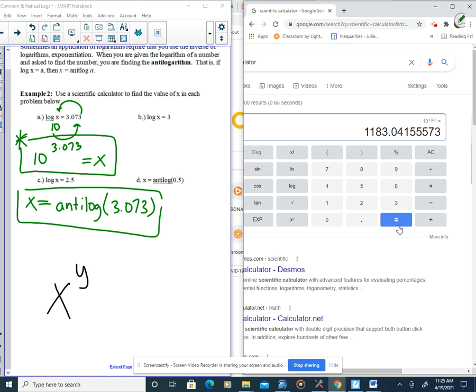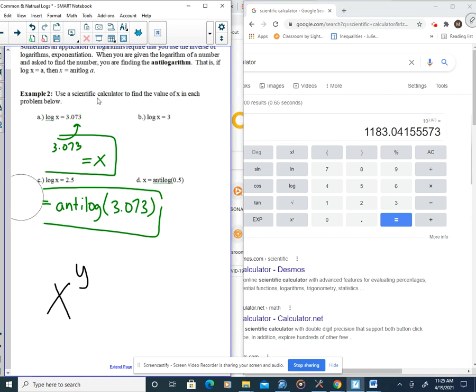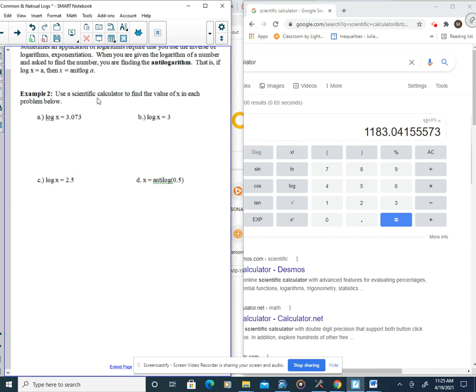So our answer for part A would be x is equal to, now I want you to round to 4 decimal places, so 1,183.0416. And again, this is approximation. Instead of putting x equals, we can do x is approximately that.